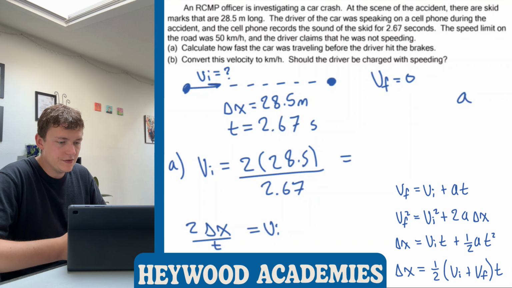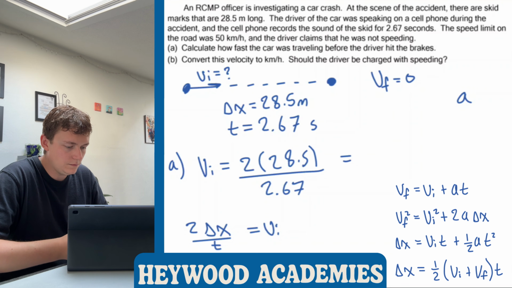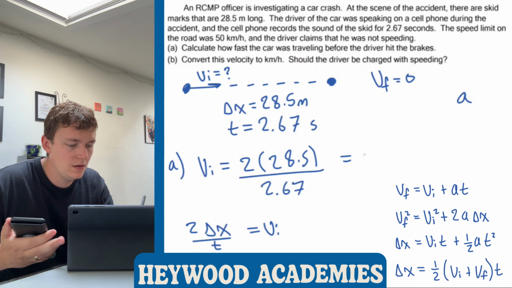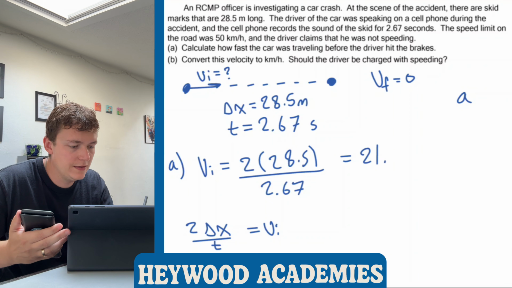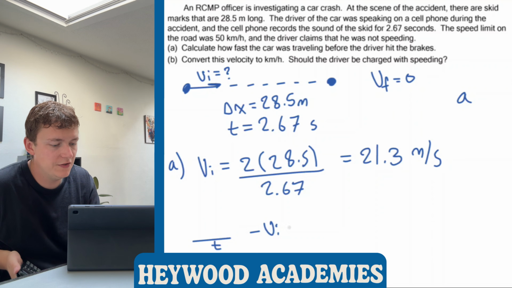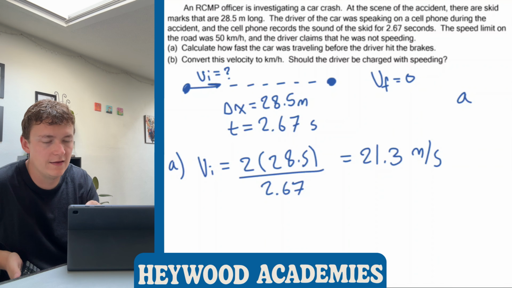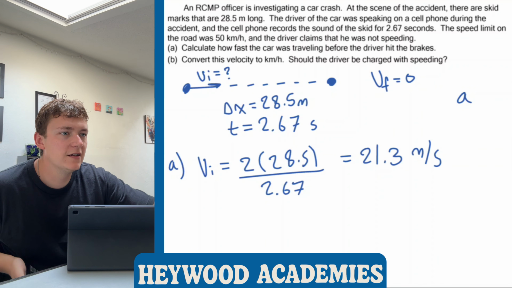Plug that in the calculator and see what we get. Alright, so we get 21.3 meters per second. So that was their initial speed before they started hitting the brakes. So that's our answer for the first part.